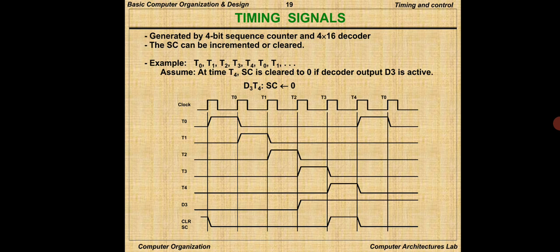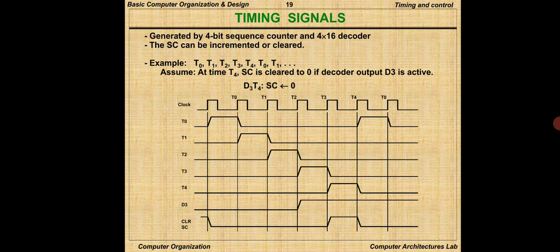Now the same thing I'll explain by using my timing states, T states. Let us see that the sequence counter can be incremented or cleared. Let us take an example: here in the example we have T0, T1, T2, T3 and T4, a total of 5 states. After 5 states it jumps again to T0, T1, T2. Why is it jumping like that? For a particular instruction I require only 5 timing states.